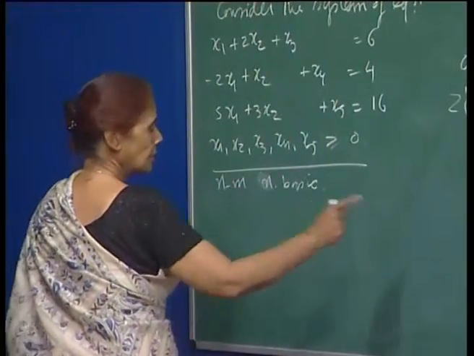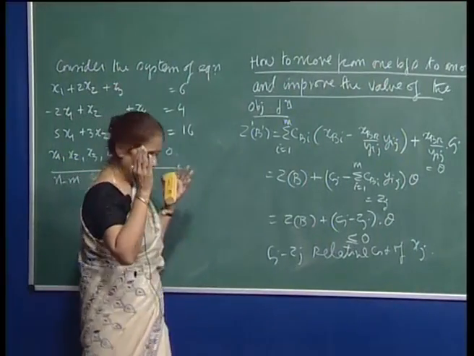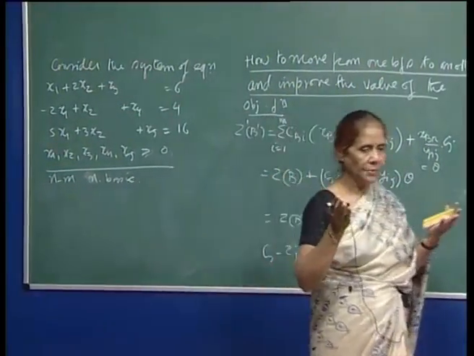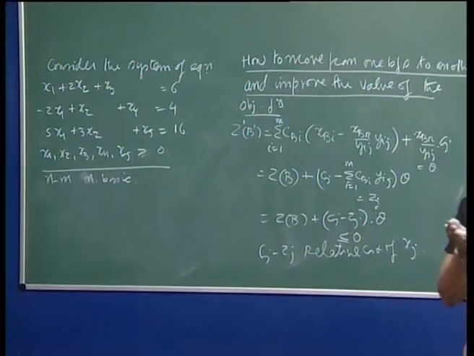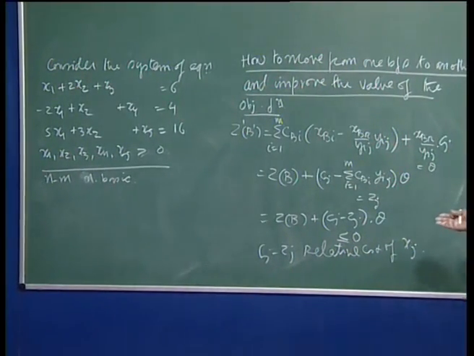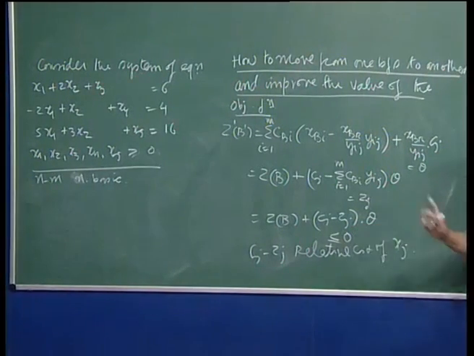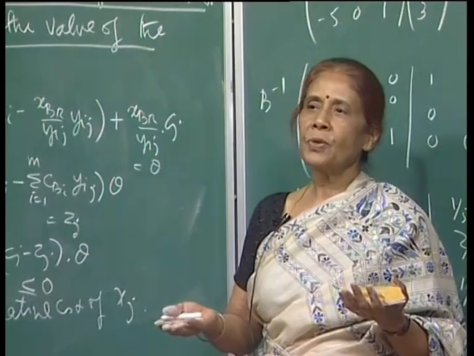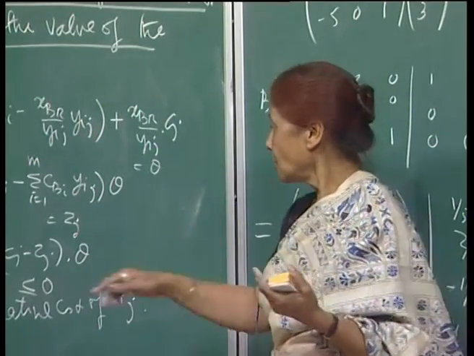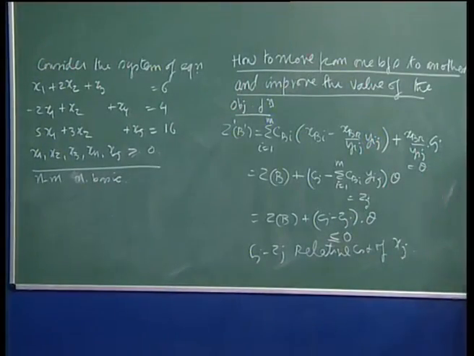And so, now in a nutshell the algorithm is that you start with a basic feasible solution, you compute the C j minus Z j's. If all C j minus Z j's are greater than or equal to 0, you cannot improve the value of the objective function, and I have already given you this optimality criteria, we discussed it some time ago.